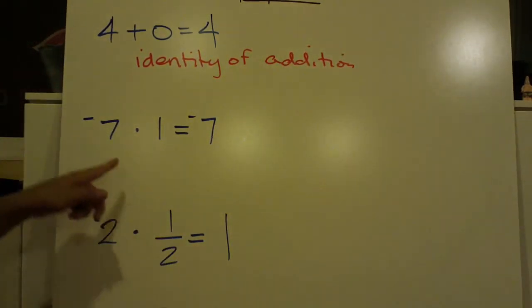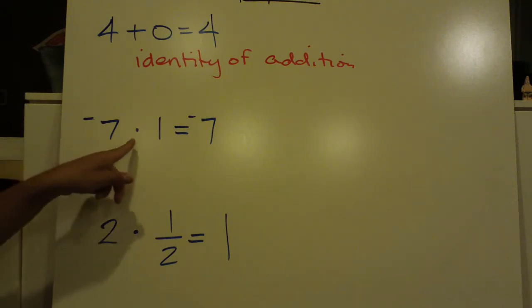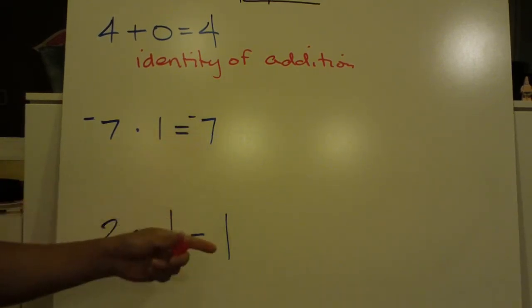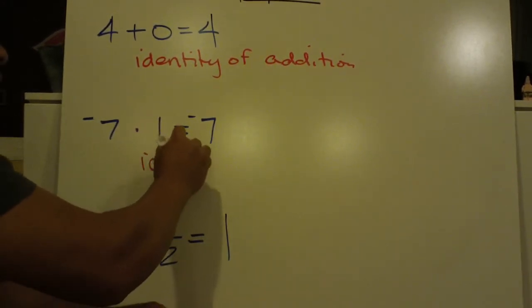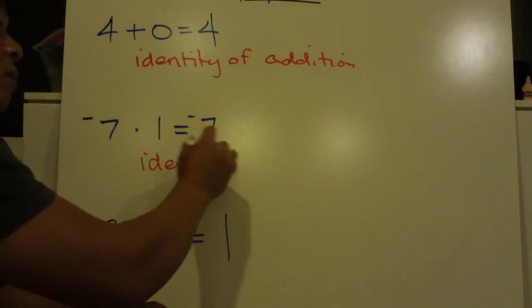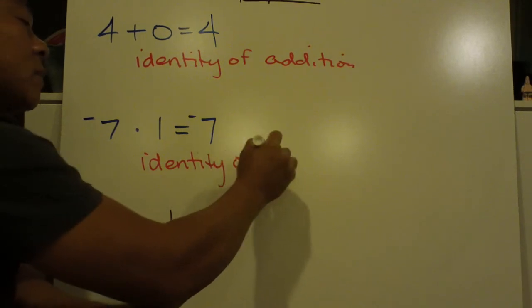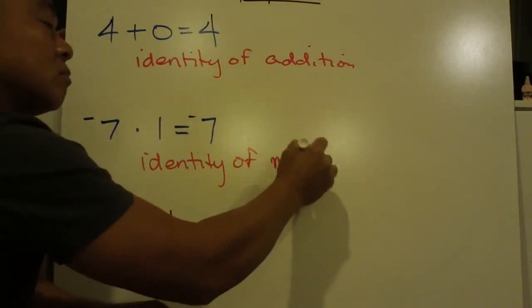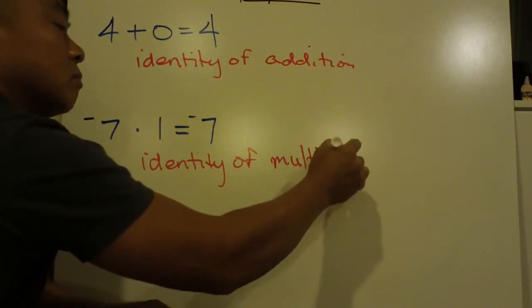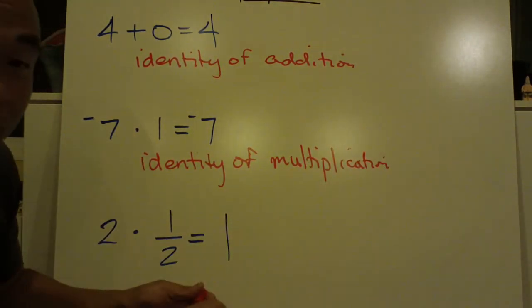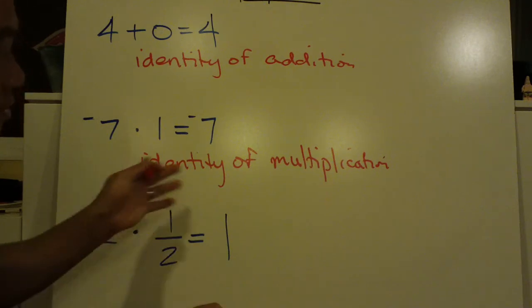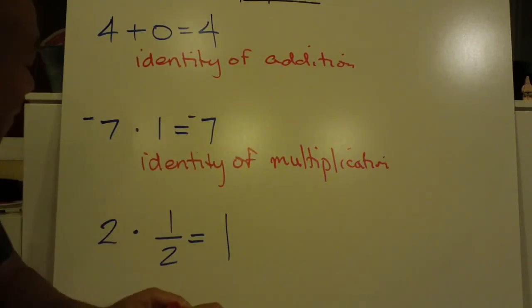Okay? The next one, here I have -7 times 1 is equal to -7. Identity again, of multiplication. And yes, your main goal for this one is to basically just figure out what property they are.